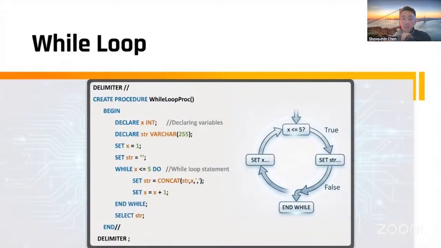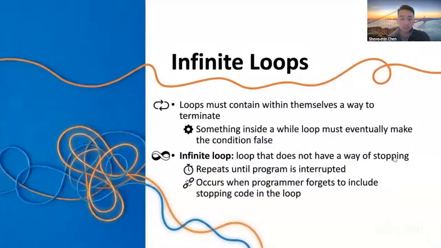What we end up getting is an empty string and then quotes: one single quote, two single quote, three single quote, four single quote, all the way to 5. So basically something like that, as you can kind of figure out.